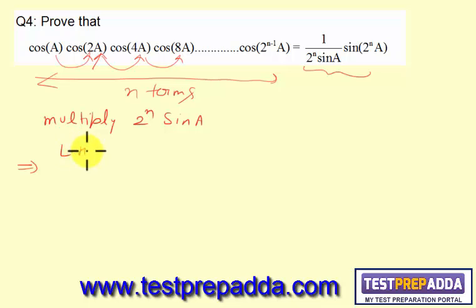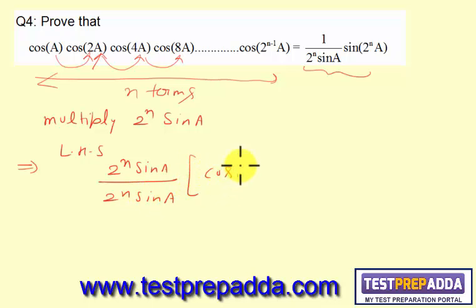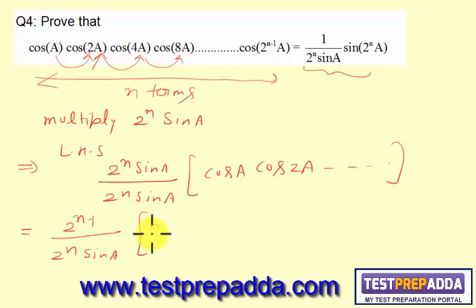So LHS becomes 2 to the power n sin A upon 2 to the power n sin A and cos A, cos 2A, so on. Now, I'll keep 2 to the power n minus 1 outside the bracket in the numerator and 2 sin A cos A.